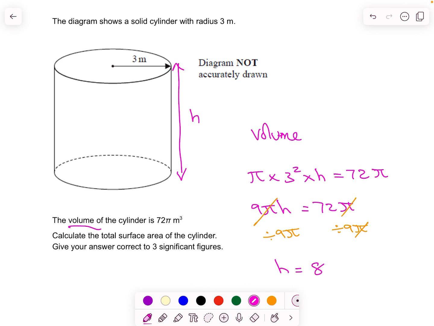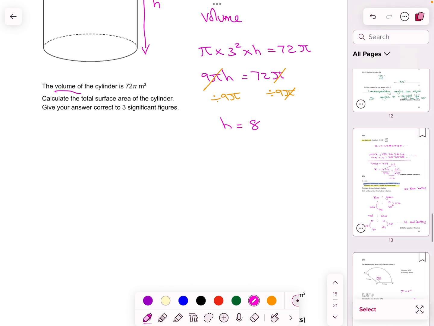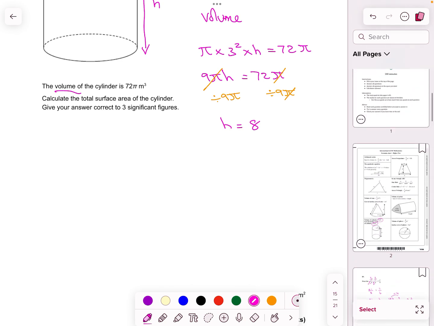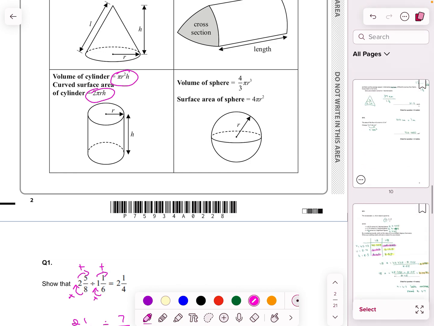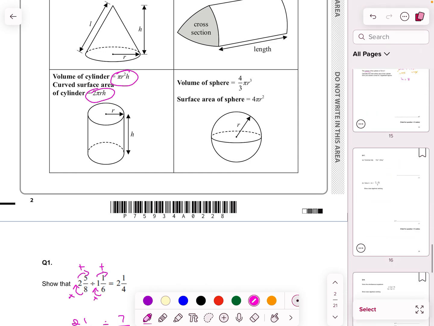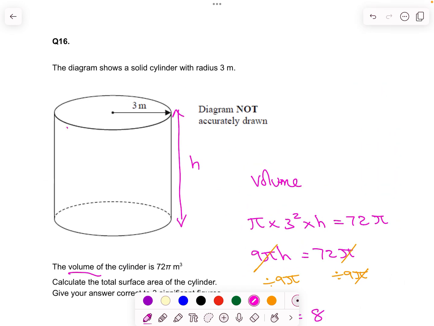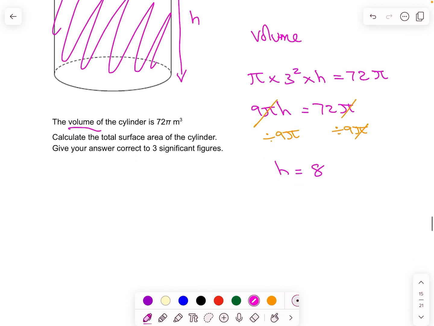Now that I know what the height is, I can go back, and you can see here that to find the curved surface area is 2 pi r h. The only thing you should be careful of is remember that just gives you this bit that curves round. You also need to add on the 2 circles.